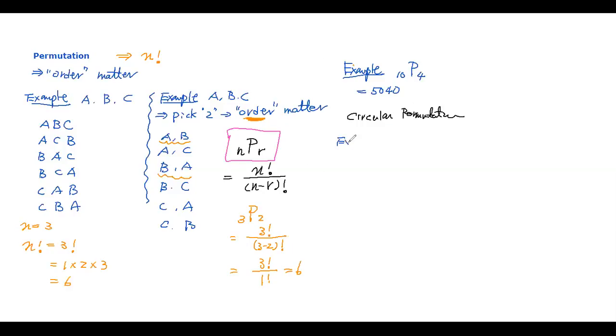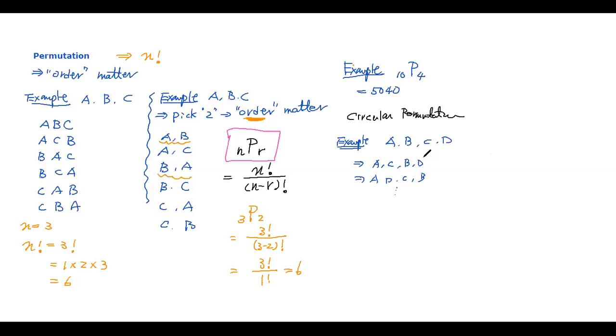If I have A, B, C, D and I line them up, I can rearrange them so I can have A, C, B, D, and I can have A, D, C, B, right? But what is a circular permutation?